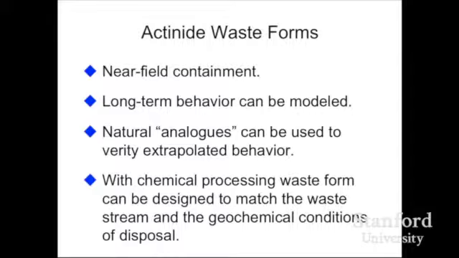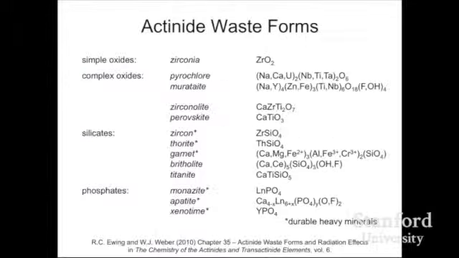And looking at the time, because I want to leave time for questions, I'll simply point out that actually over the last decades, scientists all over the world have looked at actinide-bearing materials, and so we know a lot about whether we can incorporate actinides into materials.